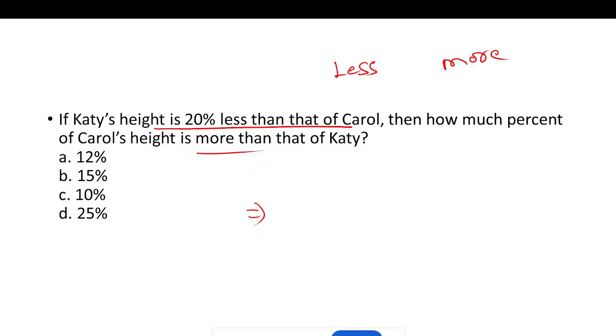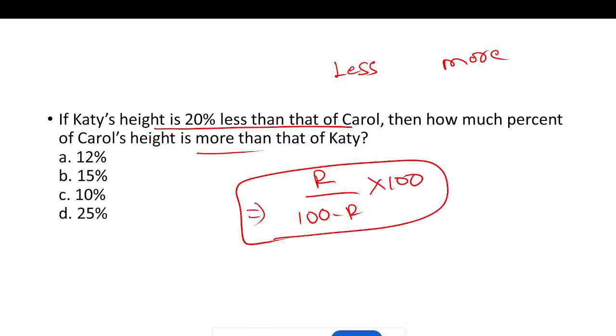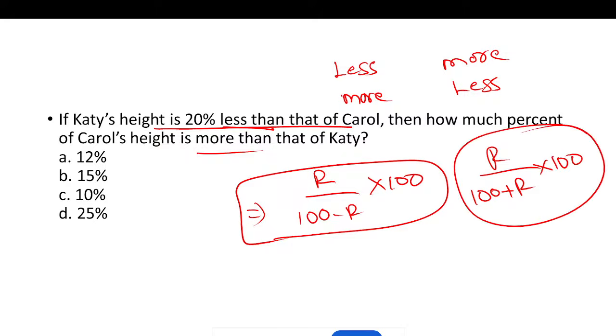In a situation like this, you have to use R by 100 minus R into 100. And in the next case, if it is more than first and you have to find the less than, you have to use the formula R by 100 plus R into 100. Just a sign reverse. Comment your answers.